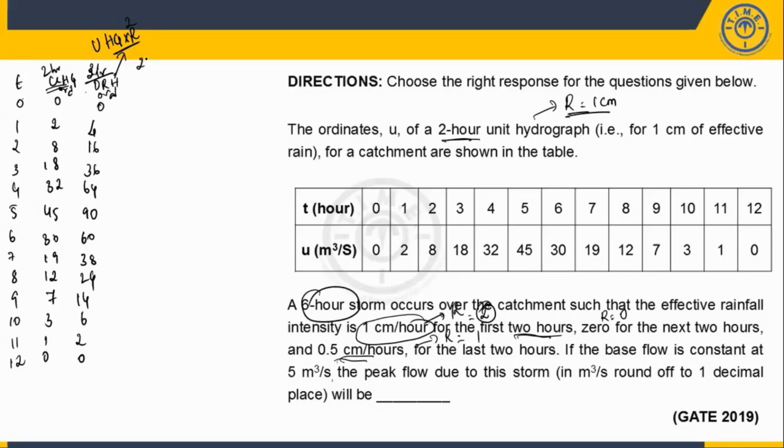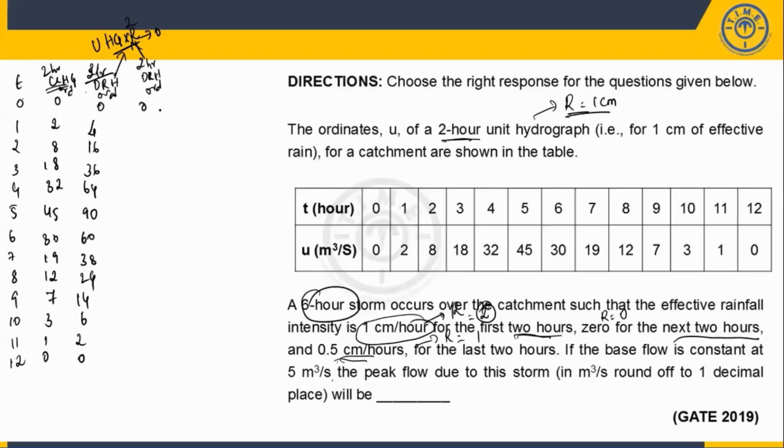Next, I want one more DRH ordinates, with runoff how much? 0, sorry. Because in the next 2 hours, what is the runoff? 0. So 0 times 0 is 0. Now where do we need to start it?